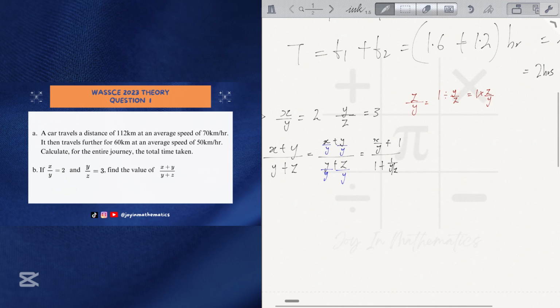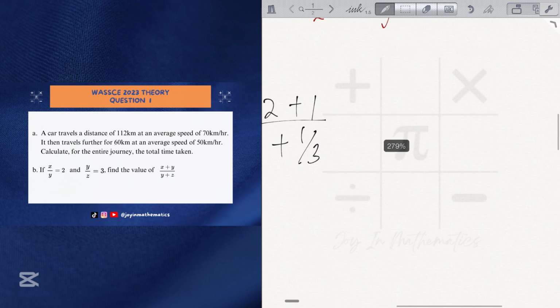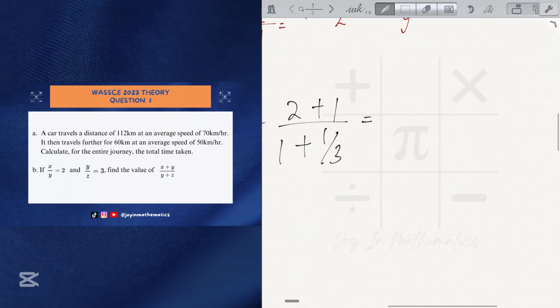So x over y is equal to 2, so this will be 2 plus 1 over y over z, which is equal to 3. So that is 1 over 3. With this, we just simplify the numerator and the denominator. The numerator is equal to 3. The denominator will involve LCM.